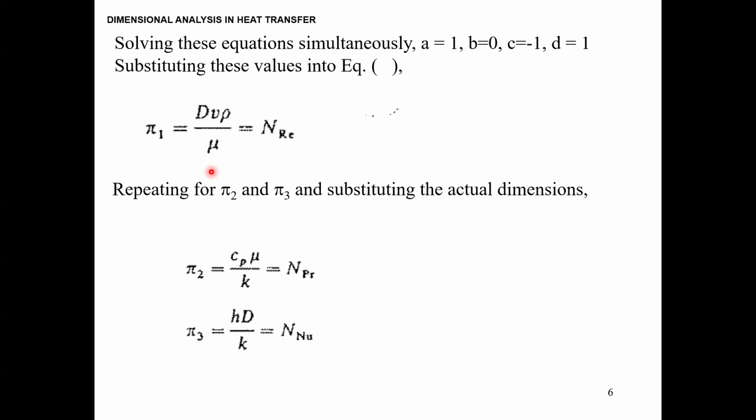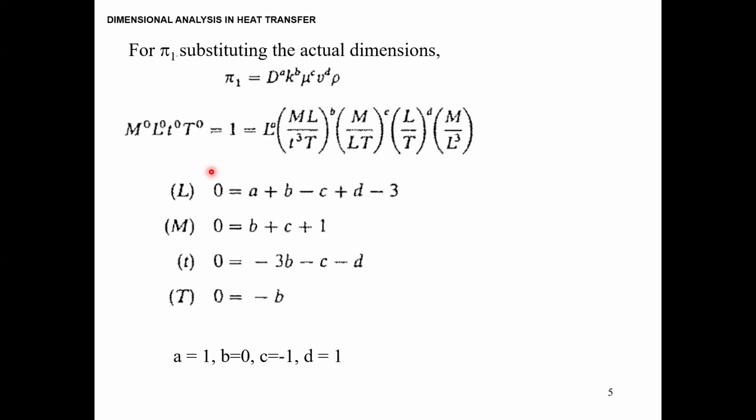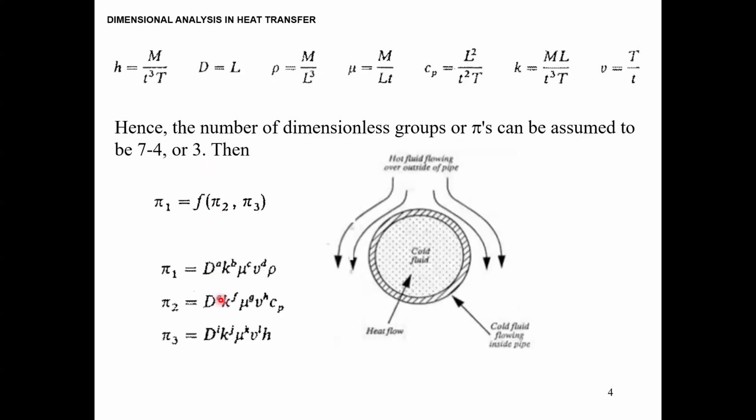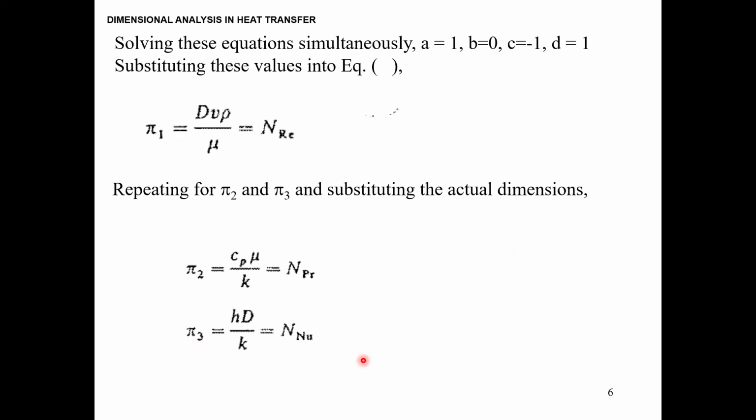You repeat these steps for the other dimensionless groups: first try it for the next dimensionless group pi 2 and calculate E, F, G, H, and following that do it for pi 3 and calculate I, J, K, L. With that you will get these two other dimensionless groups.